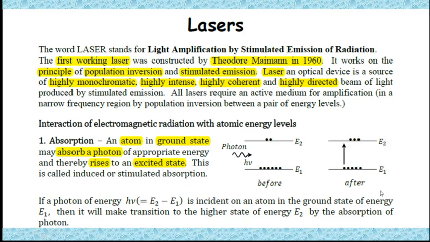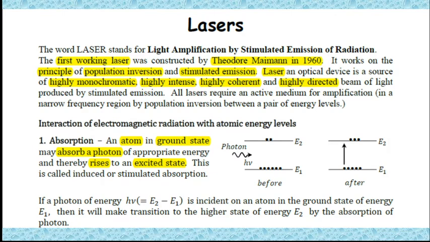The main principles behind the working of a laser are population inversion and stimulated emission. So these are the two principles on which the laser works: one is population inversion and the other is stimulated emission. This laser is an optical device having the following properties. The light emitted from the laser device is highly monochromatic.